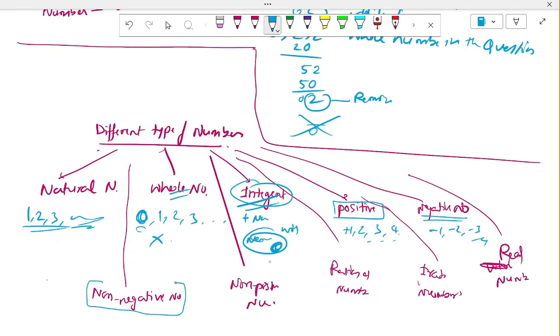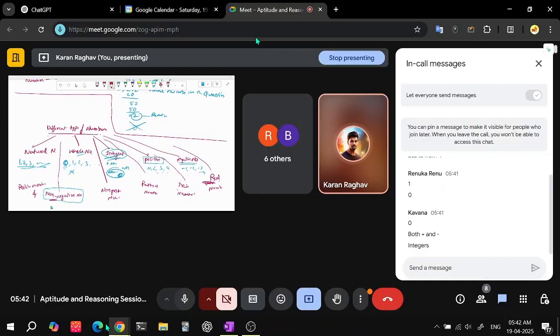And there are non-negative numbers. I have told you already, there is a difference between positive numbers and non-negative numbers. Can anyone tell me what is the difference between positive numbers and non-negative numbers? Or are both the same? Can you recall, it was taught in the class recently?